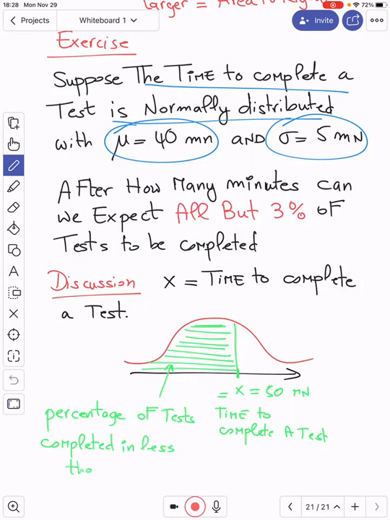Because your variable x is the time to complete the test.